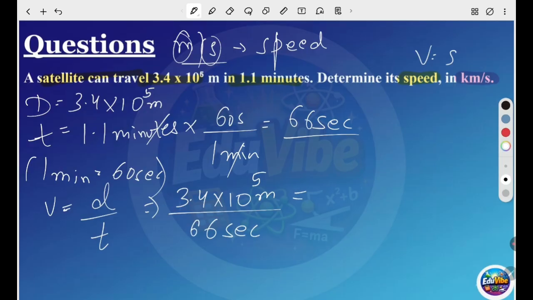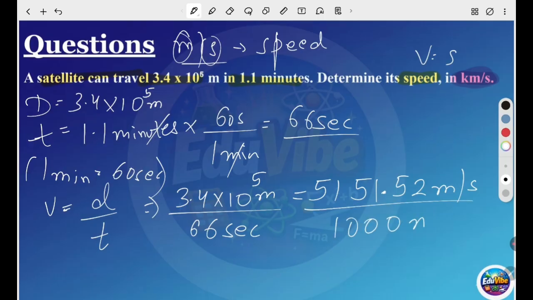Here we calculate this out, and we get 5151.52 meters per second. But they need the speed in kilometers per second. So the second remains the same, but we convert meters into kilometers. To convert meters into kilometers, we divide by 1000 meters, which is 1 kilometer.